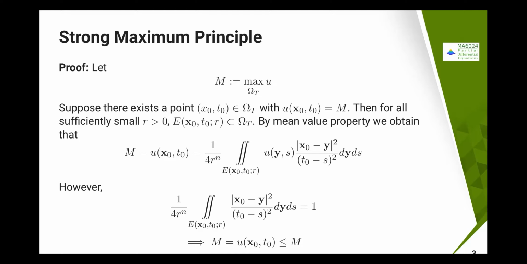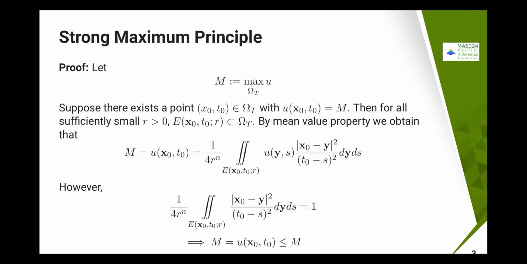Then for this E of x naught comma t naught comma R, I can apply the mean value property. If I apply the mean value property, what is it going to become? M is already said to be equal to u of x naught comma t naught. I'm just going to apply that for the heat ball.